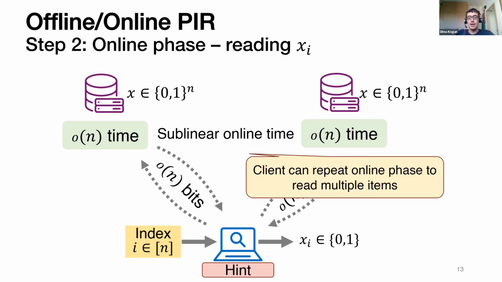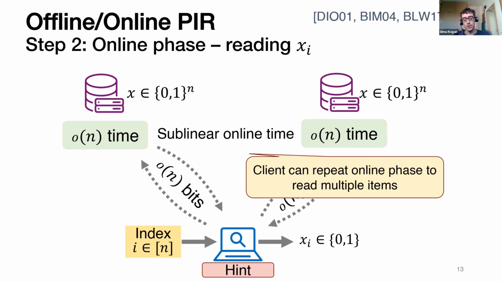And as I mentioned, in our offline-online protocols, the client can repeat this online phase multiple times without having to repeat the offline phase. And so even the expensive linear time work that the server did in the offline phase can be amortized over multiple queries. And I should mention that we're not the first to consider an offline-online model for PIR.